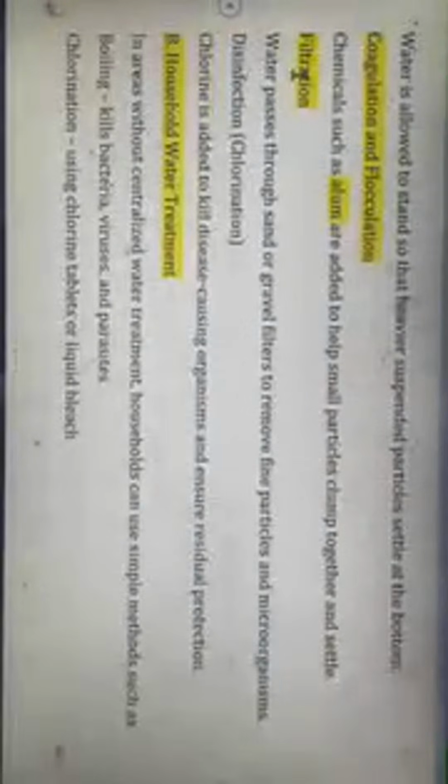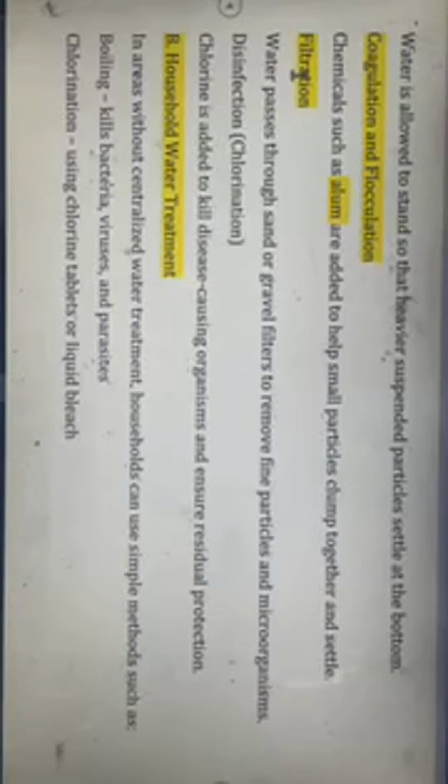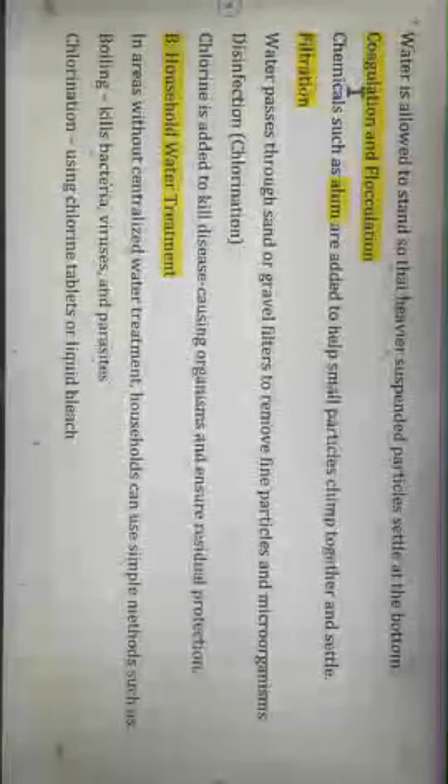Water is allowed to stand so that heavier suspended particles settle at the bottom. This is another form of community level treatment. Then number three, we have coagulation and flocculation.